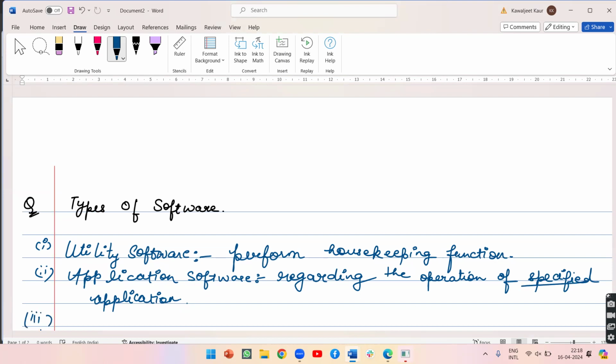The third is actually the system software that takes care of internal computer operations. So system software is regarding taking care of the internal operations of the computer.